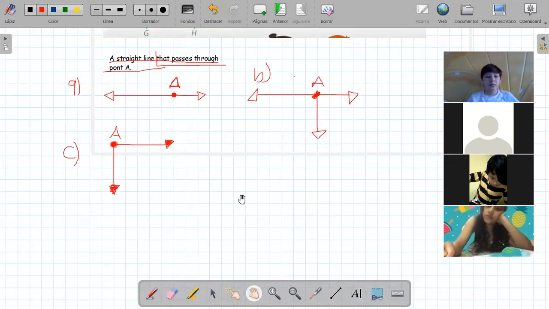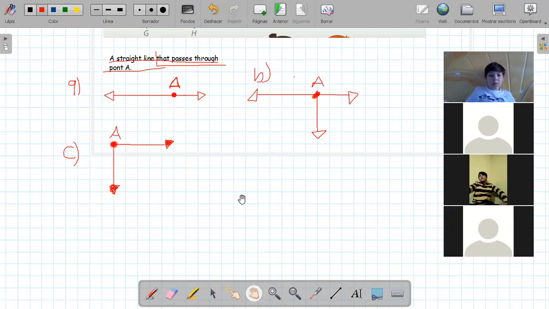Okay, we will continue with part D. It says two straight lines. Now it's asking me for straight lines, but we are going to continue reading.